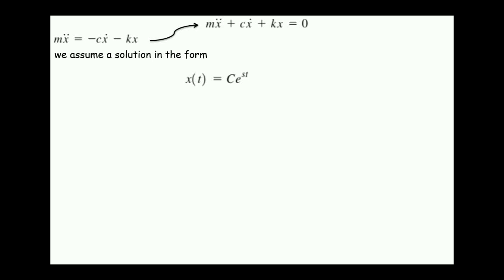Here t just indicates that x is a dependent parameter of t. So the solution we assume is c into e raised to s t. Here the constants c and s are undetermined constants, which can be determined by the conditions given for that particular problem.